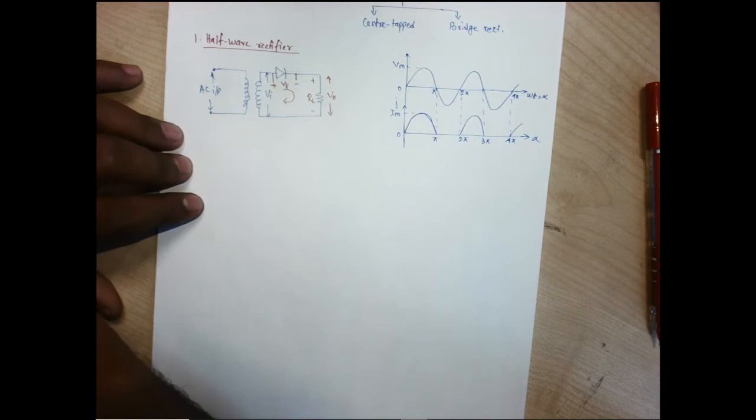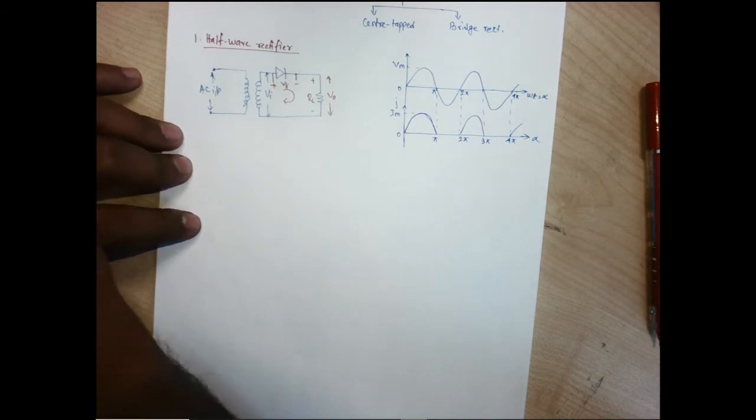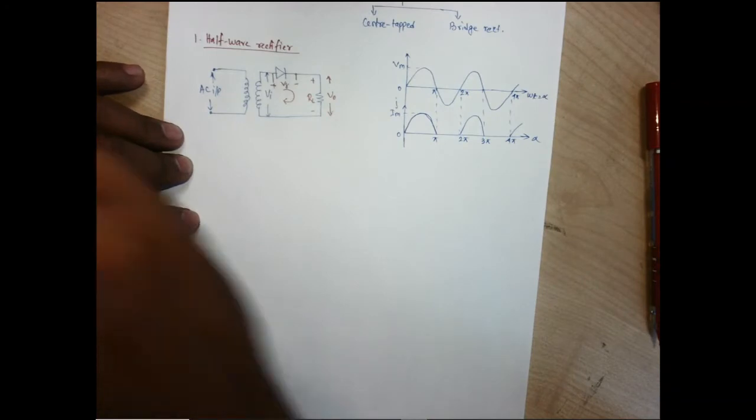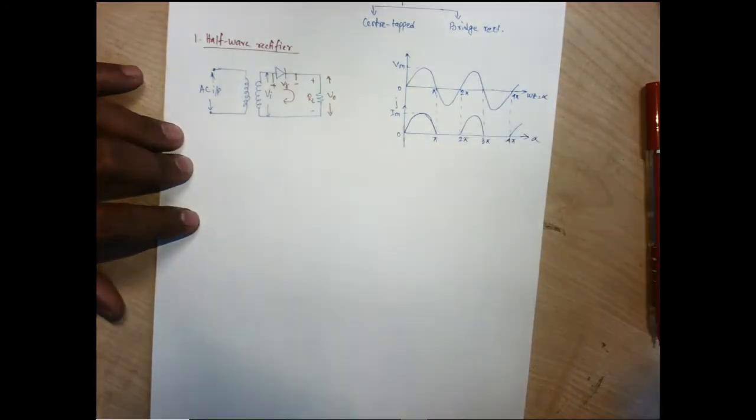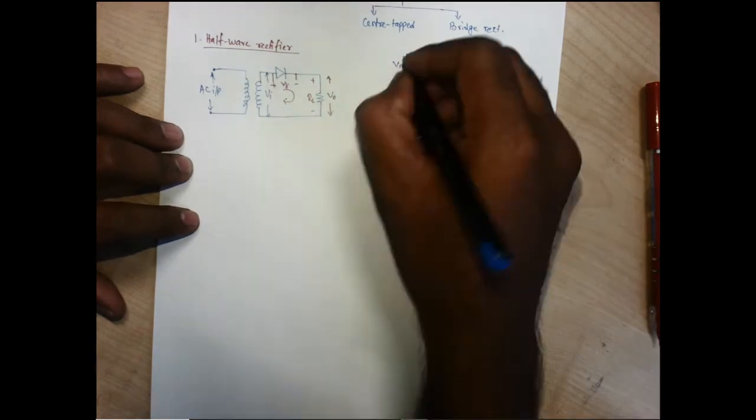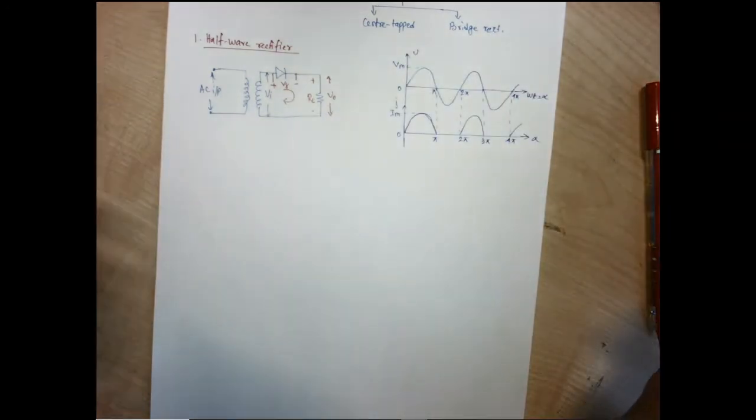So this is all about the operations which give us the indication of what different outputs are available for this half wave rectifier. Okay, this is the input output plot of the half wave rectifier.